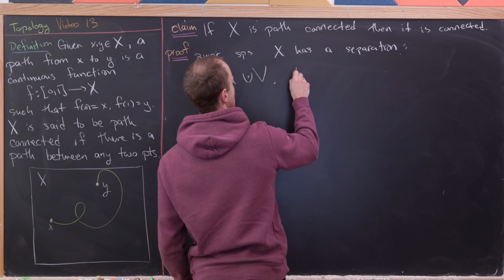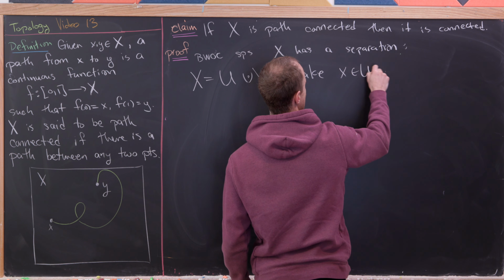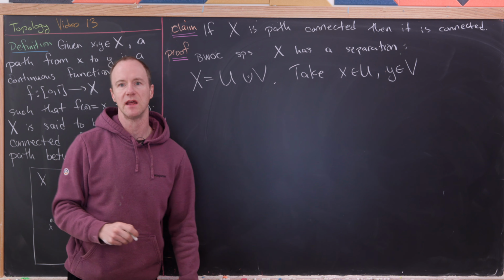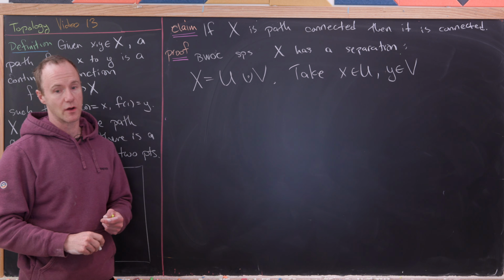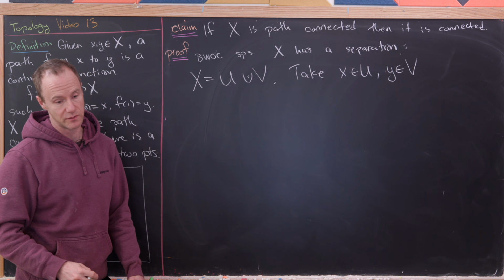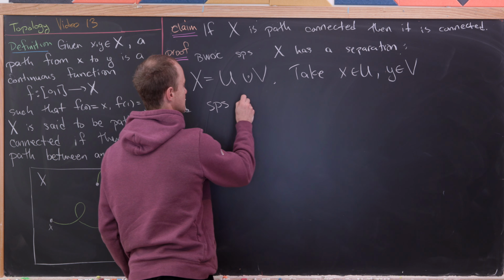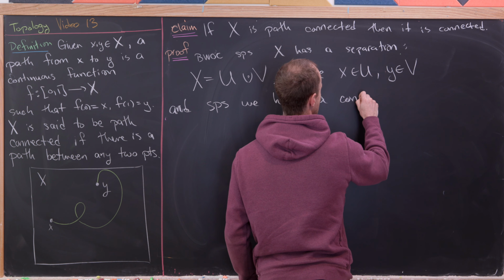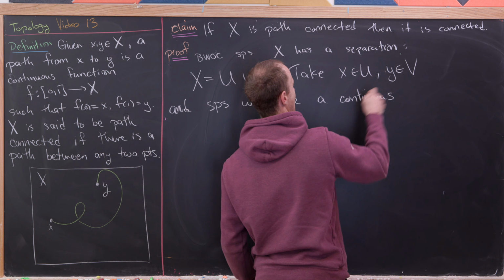Okay. So next, let's take x to be inside of U and y to be inside of V. So observe that means that x cannot be equal to y because U and V do not overlap. This is a disjoint union. Okay, and then also let's suppose we have a continuous map that is building a path from x to y.